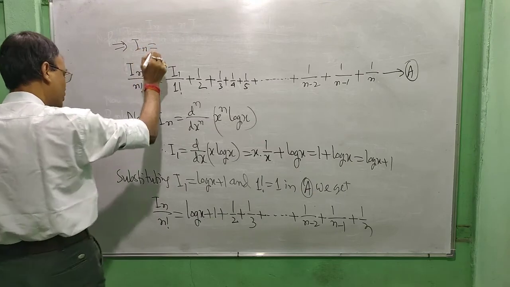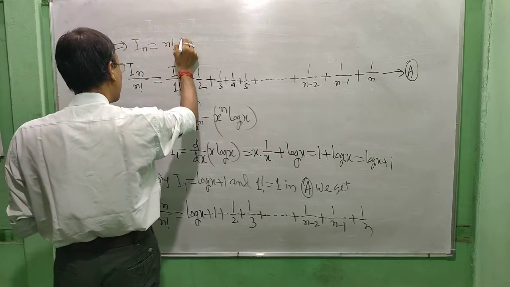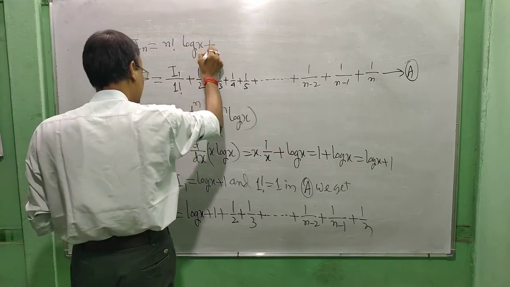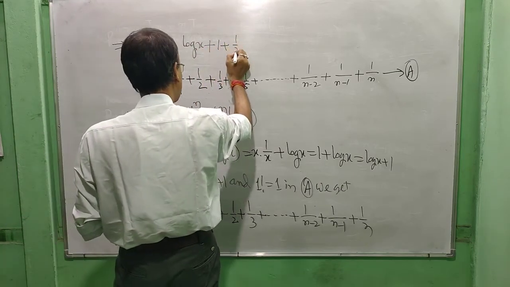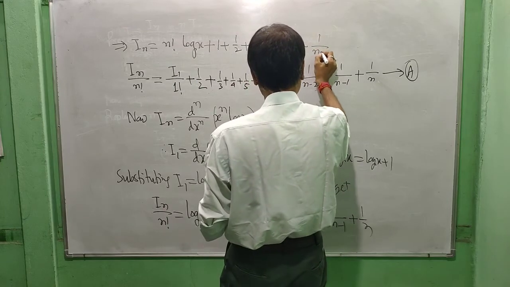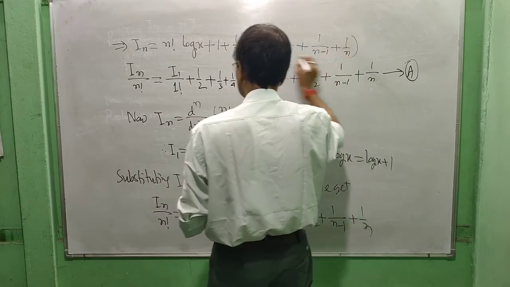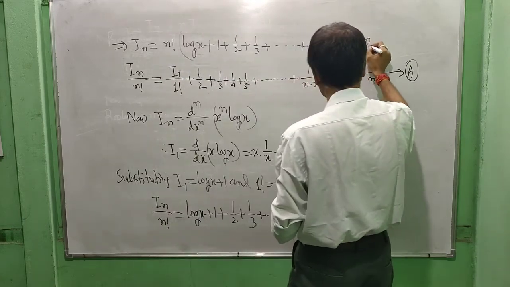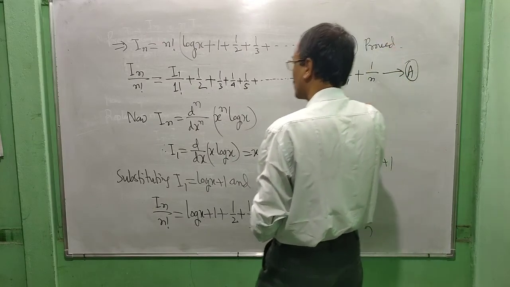This means I_n is equal to factorial n times log x plus 1 plus 1 by 2 plus 1 by 3 plus 1 by n minus 1 plus 1 by n. Good.